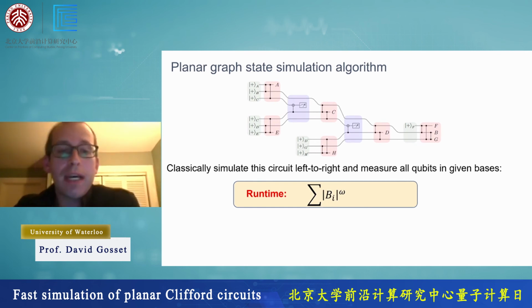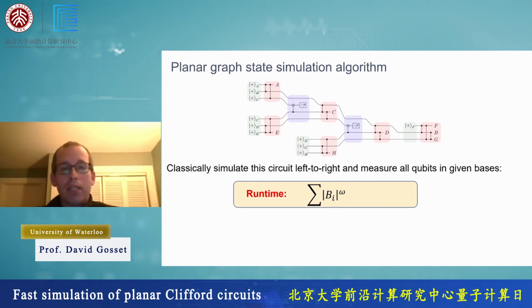The reason for that is, remember I told you that if I just look at this part of the circuit, just these two bags, then the cost of any Clifford operations on m qubits is order m to the omega. This circuit has the property that, going from left to right, first I can simulate this part, and I can apply the gates on this part separately.